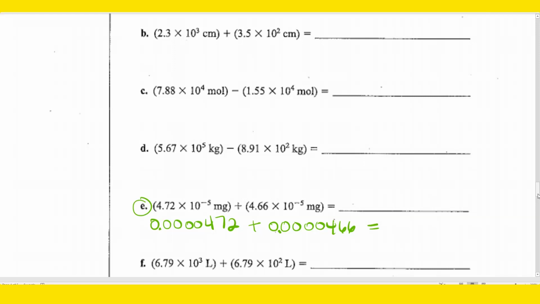And I get 0.0000938 milligrams. But if I want my answer in scientific notation, remember you're going to count those zeros, which is 5 of them, and that's going to be my exponent.